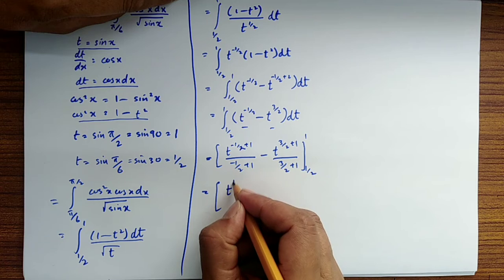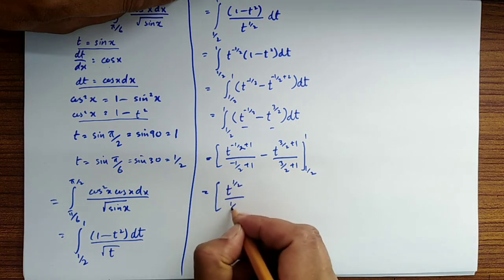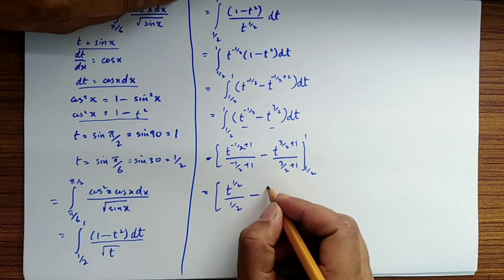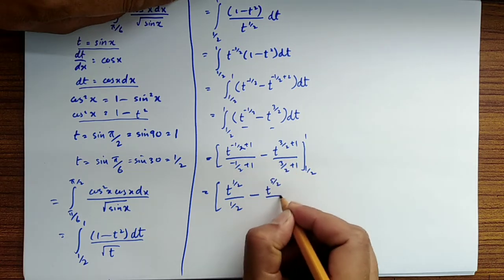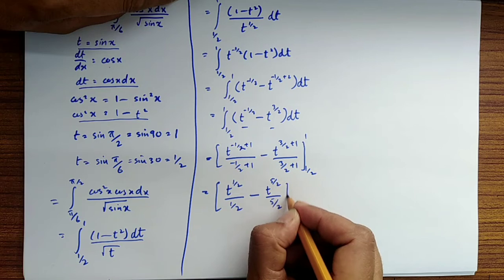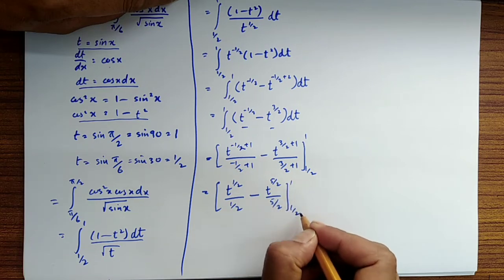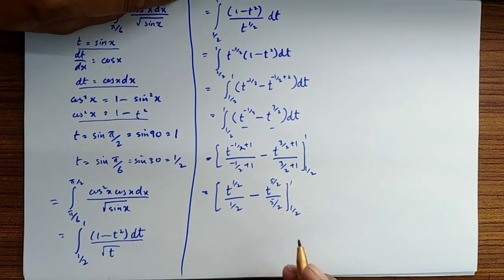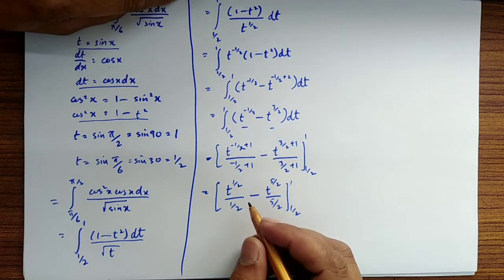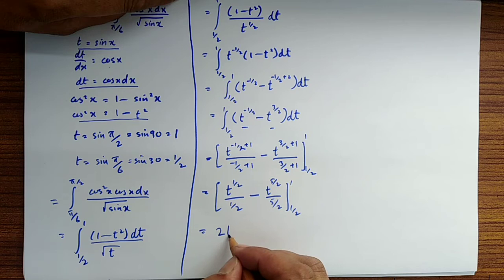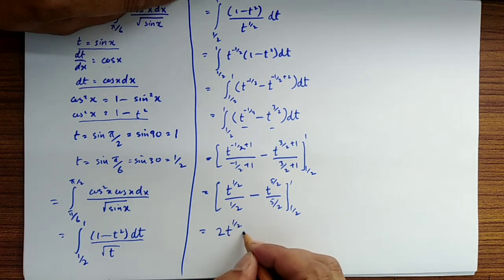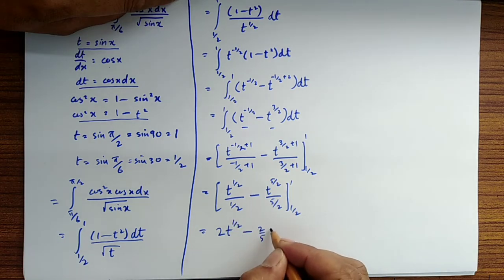That is t power 1 upon 2, minus t power 5 upon 2 over 5 upon 2. Okay, now just moving this 2 up here, this becomes 2t power 1 upon 2 minus 2 upon 5 t power 5 upon 2, right?